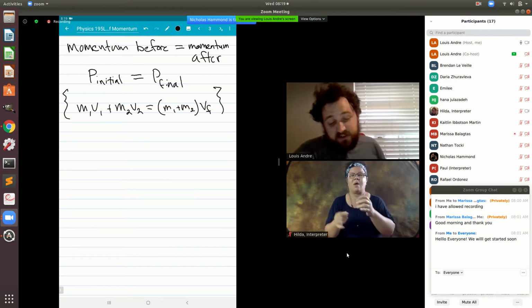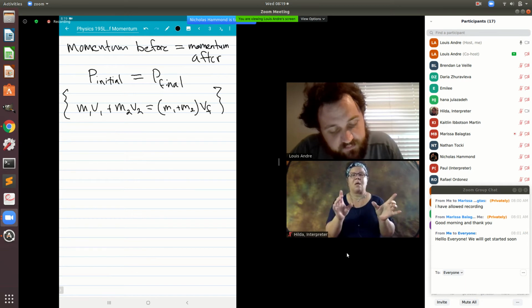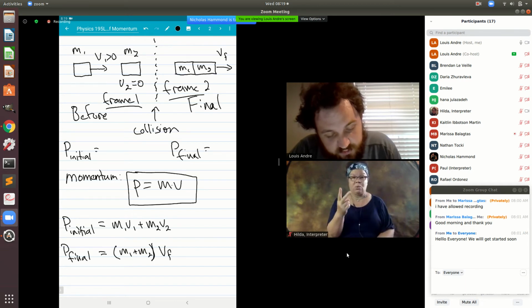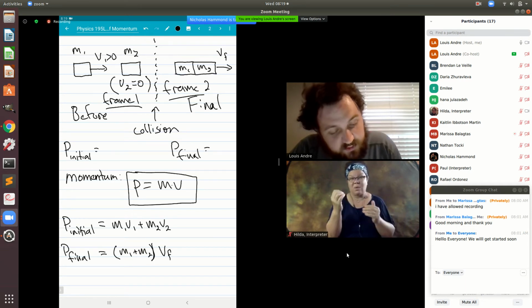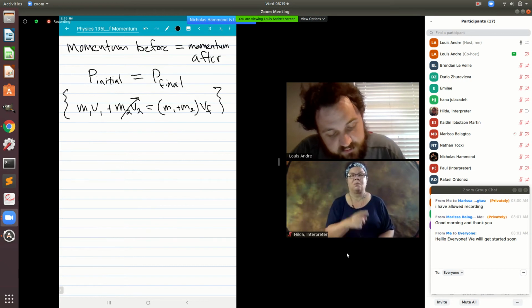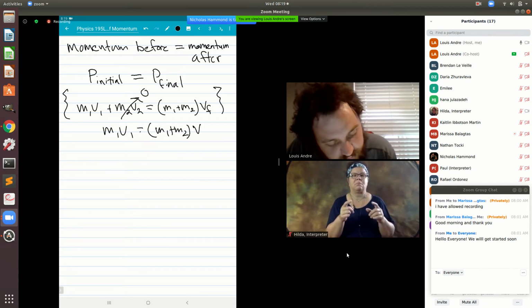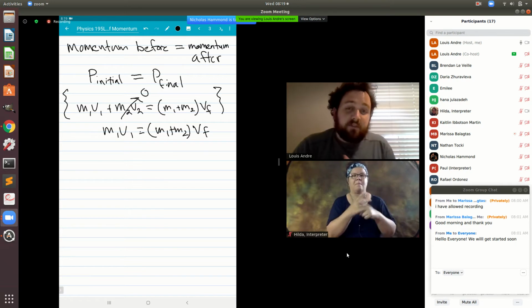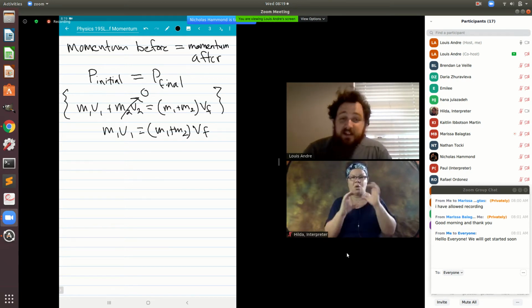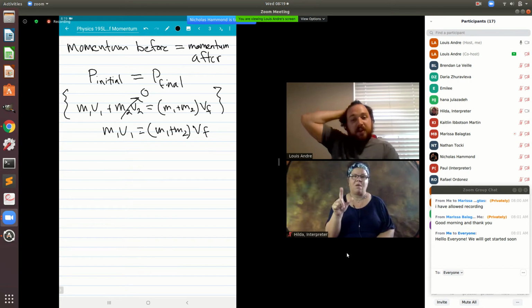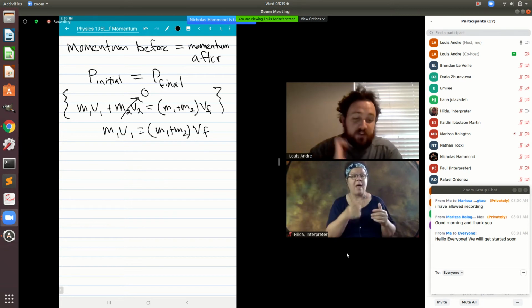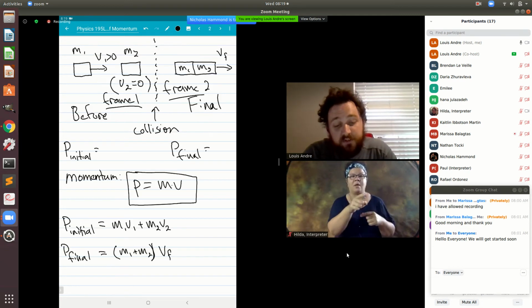So in this case, it turns out that v2 is equal to 0, so I can get rid of this. So I'd have m1 v1 equals the sum of the masses times some final velocity. Let's say I was trying to find the final velocity. Let's say I knew the masses of the objects and I knew how fast the one object was flying towards the second, so I know what v1 is.